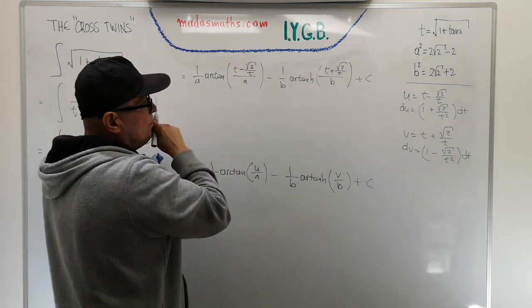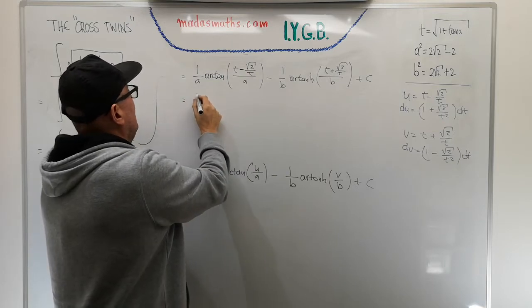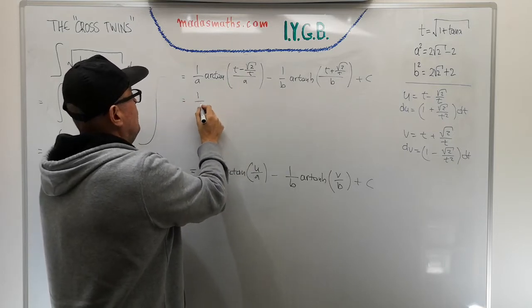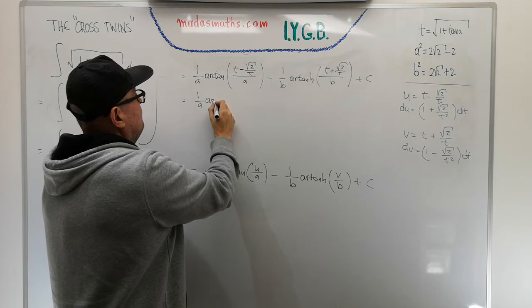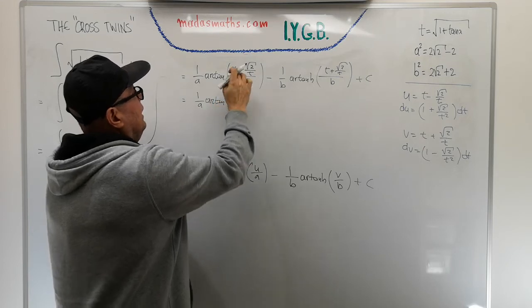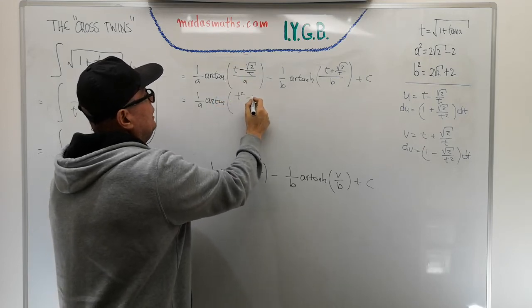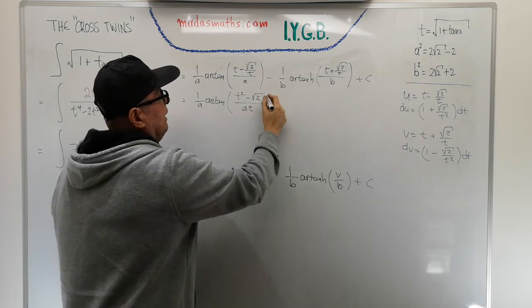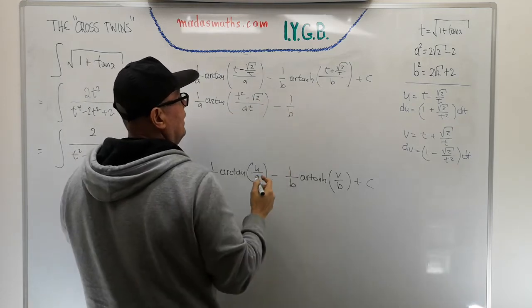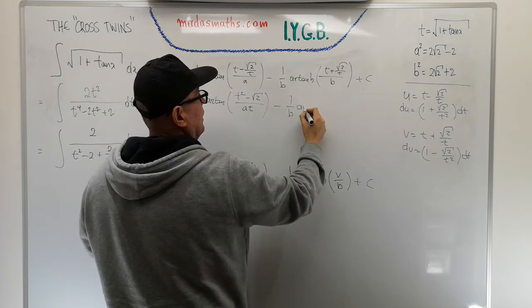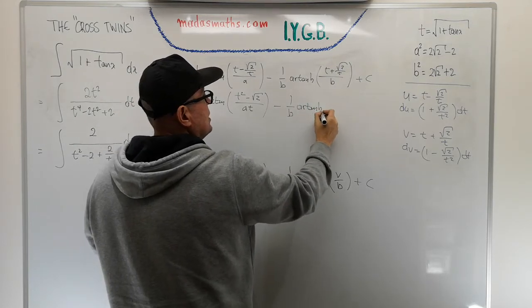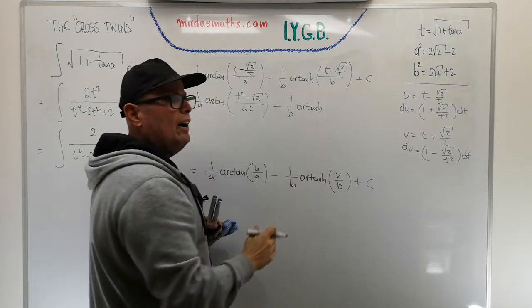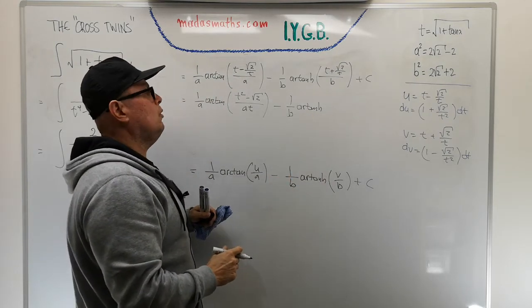A little bit of an in-between tidy before I put any more things in. I'm going to multiply top and bottom of the argument by t, so it's going to give me 1 over a arctan of t squared minus root 2 over a t, minus 1 over b arctanh. Some people call it arctanh, I call it tanh.